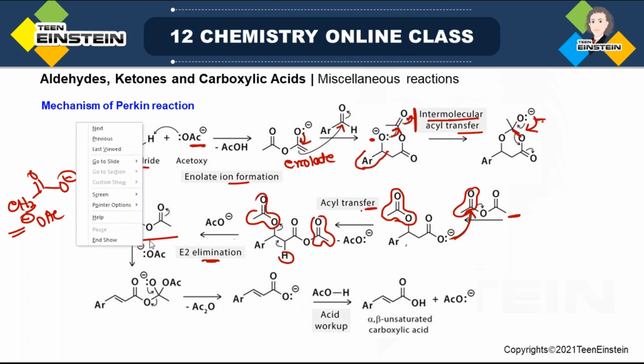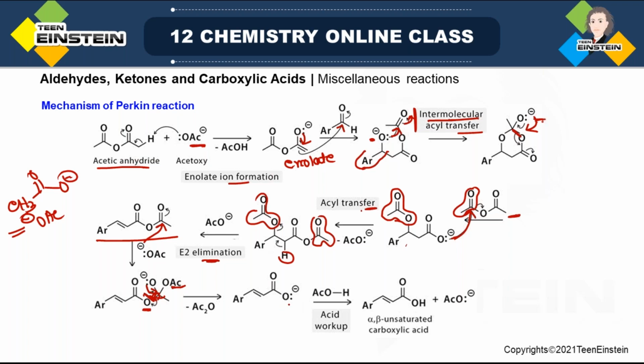If OAc minus, which is already present in the medium, attacks here, there is negative charge. So see, this is the carbon where OAc has attacked. If this negative charge further makes C=O, this carbon-oxygen bond will be broken, and there will be negative charge. So ultimately there is removal of Ac2O.